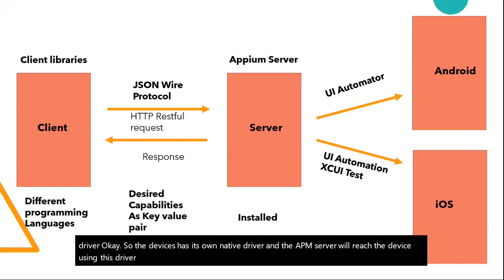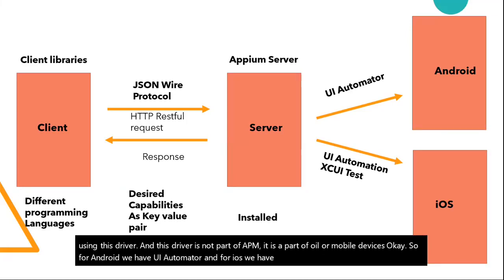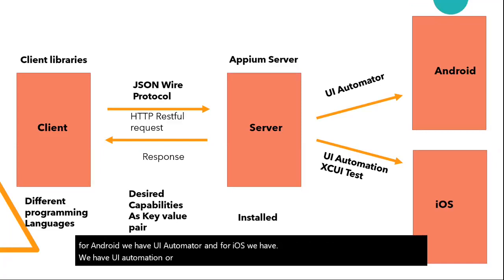This driver is not part of Appium. It is a part of the OS or the mobile device. For Android, we have UI Automator, and for iOS, we have UI Automation or XCUITest. This is how the server reaches the specific devices.